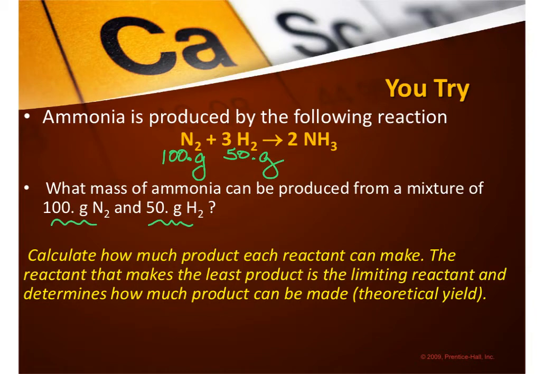And before you do anything else, you need to determine what the limiting reactant is, right? So I've got to do stoichiometry with both of these reactants to figure out how much product they can each make. And remember, the one that makes the least amount of this NH3 is going to be your limiting reactant. And it's the quantity made by the limiting reactant that's the theoretical yield, which is what you're looking for. Anyway, give it a shot on your own, then come back.